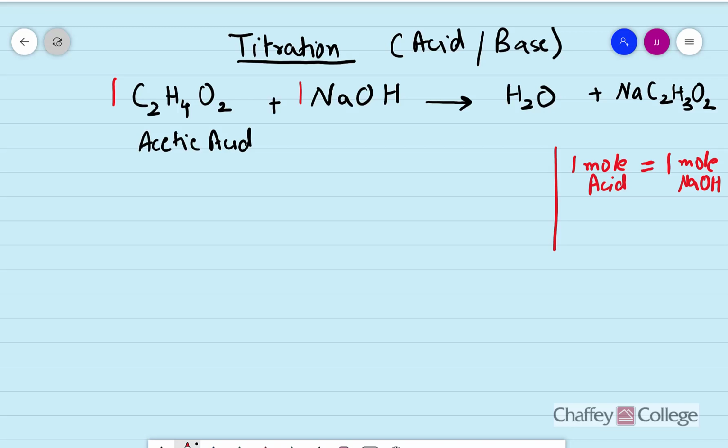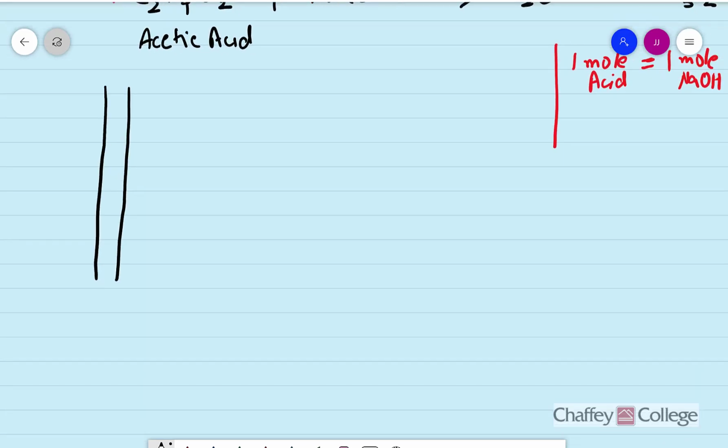Now how are we going to conduct the experiment? We are going to take our base in a container, and the name of this container is burette. This burette has a scale on the side, and normally the volume which can be taken in a burette is 50 ml.